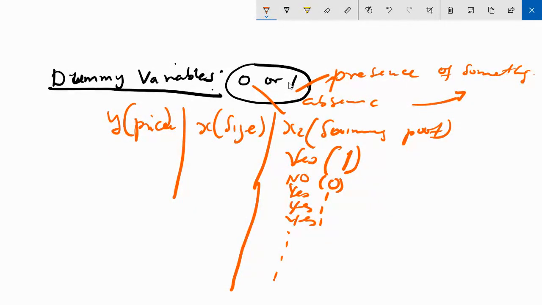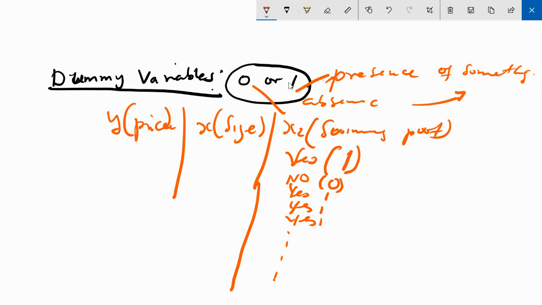But in a case where you're talking about the presence of something, like whether the house has a swimming pool or not, yes means the swimming pool is there. 0 means the swimming pool is not there. So in this case, you cannot say yes is represented by 0 and no is represented by 1. Is it clear, guys?